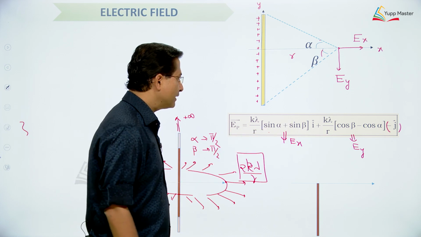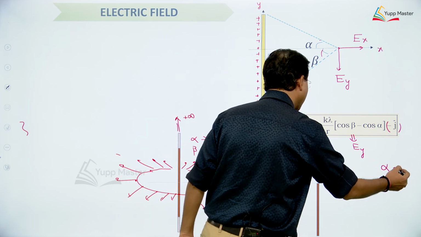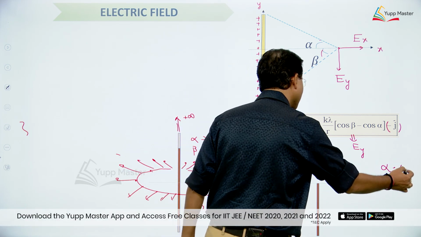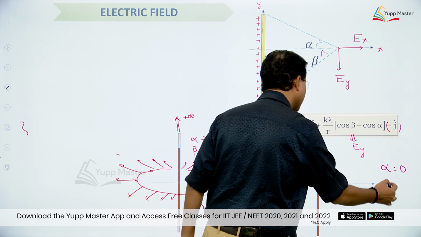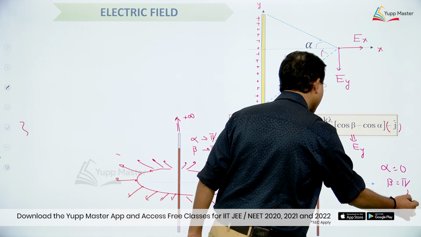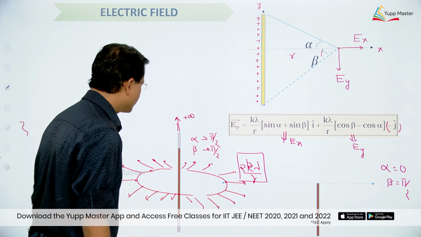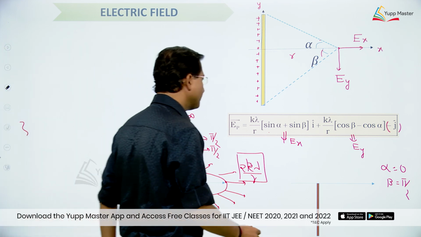The x component, this angle alpha, as there is no part on this side, alpha will be 0. As this goes till infinity in this direction, beta will be pi by 2. So alpha is equal to 0 and beta is equal to pi by 2.